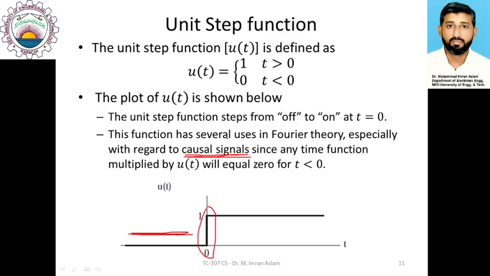So if we multiply any time function with u of t, it will suppress all the values for t less than 0. It becomes equal to 0 for t less than 0, and for t greater than 0 it would have some value, which is also the property of a causal signal. So one way of representing a causal signal is by having u of t multiplied by that particular signal.